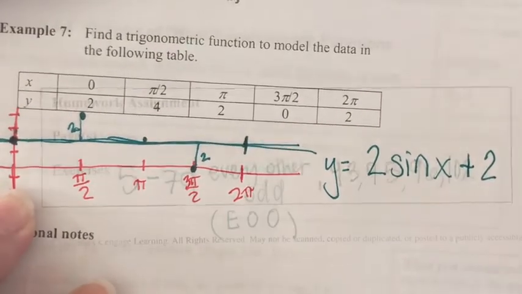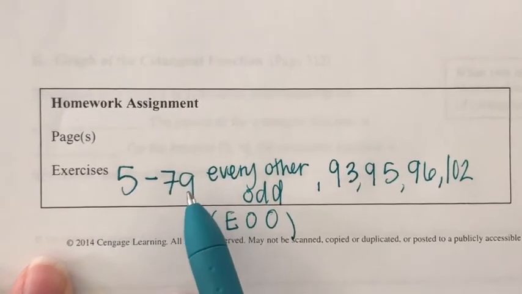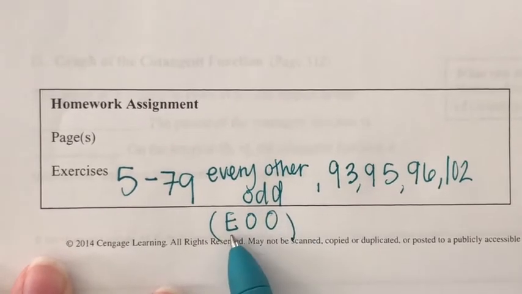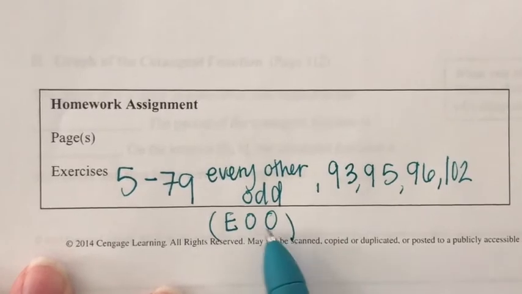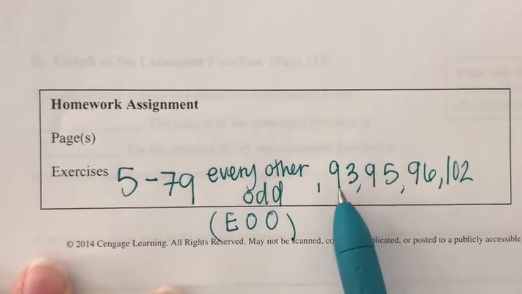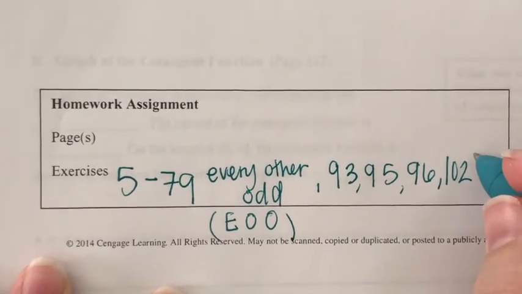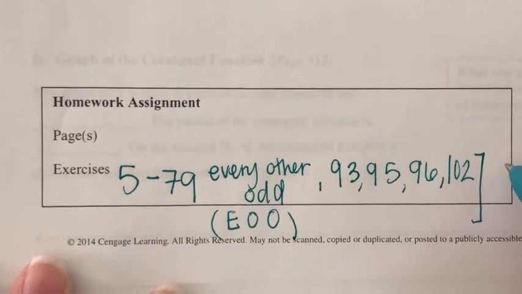And for the homework, it's 5 through 79, every other odd. So they call that EEO. In future reference, we'll call that EOO, every other odd. And then these problems. So that's a lot, but you can do it. I know you can. So the rest of the time in class is to work on that.